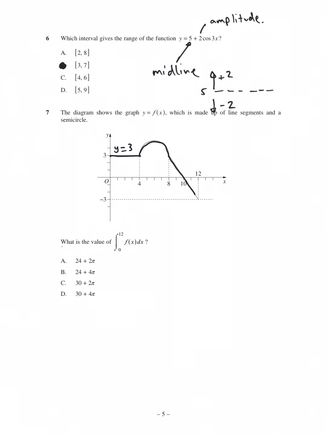Instead, what I can do and say is, all right, well, I know that my integral here is going to be a sum of all my areas. Whatever area is above the x-axis is going to be positive, so all of this is going to be positive, and whatever is below the x-axis is going to be negative. I've got shapes here that I can find the area of.